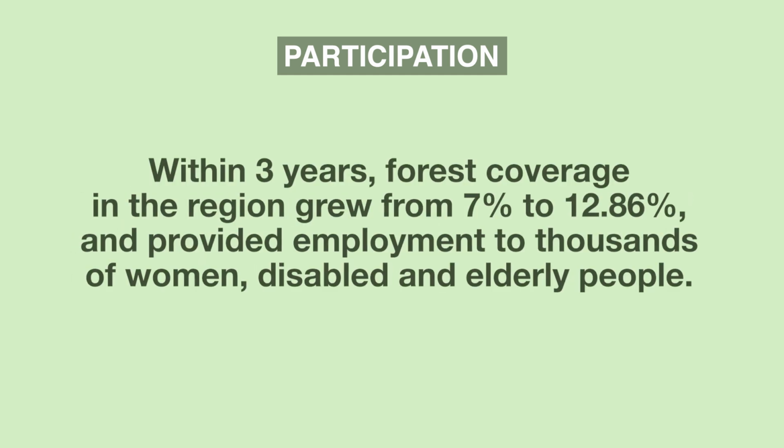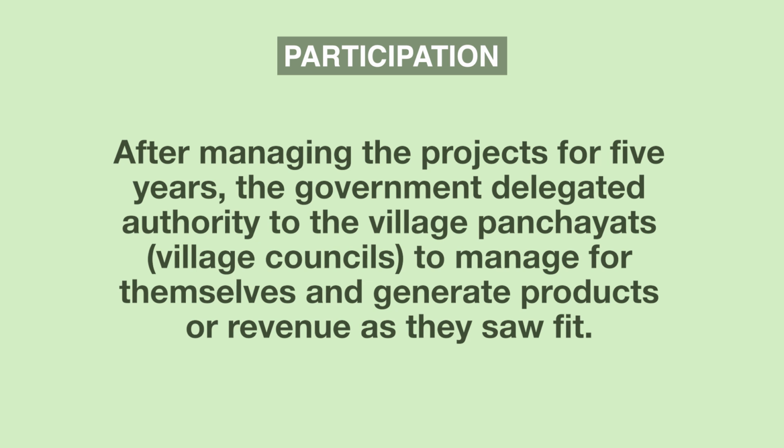Within 3 years, the forest coverage in the region grew from 7% to 12.86% and provided employment to thousands of women, disabled, and even elderly people. After managing the project for 5 years, the government delegated authority to the village panchayats or the village councils to manage for themselves and generate products or revenue as they saw fit.